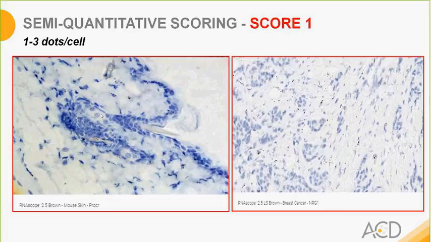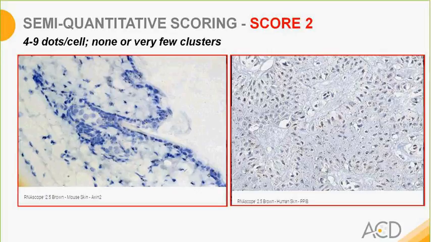So you can see the epithelium in the left-hand panel showing a few dots per cell, and a prostate carcinoma specimen in the right-hand panel, again showing approximately 1 to 3 dots per cell.